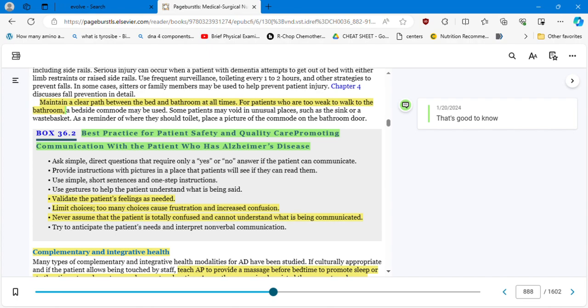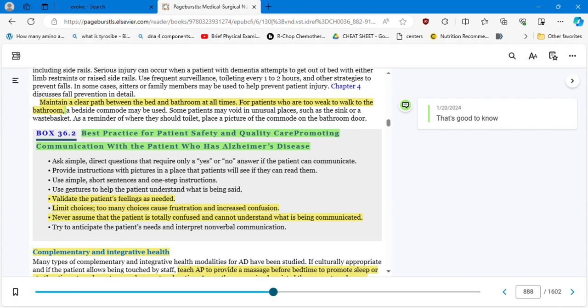Now, best practice for patient safety and quality care promoting communication with the patient who has Alzheimer's disease. Some important points are validate the patient's feeling as needed. The previous question was a perfect example for this. Limit choices. Too many choices cause frustration and increase confusion.